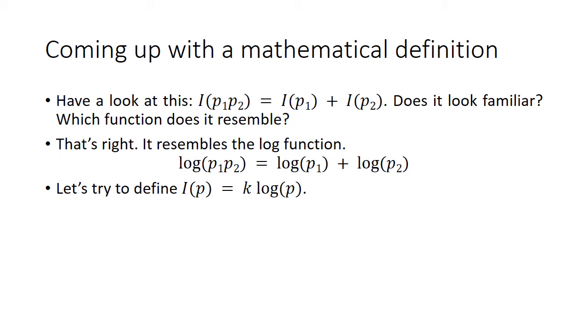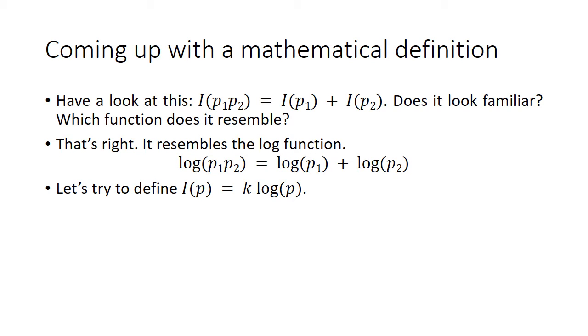Let's say it is K times log of P. Okay. Now I'm choosing some K so that I don't lose generality. But the thing is, if you multiply both sides with K, the expression above remains true. Therefore, we'll say that information of P is K times log of P, where K is something yet to be defined.